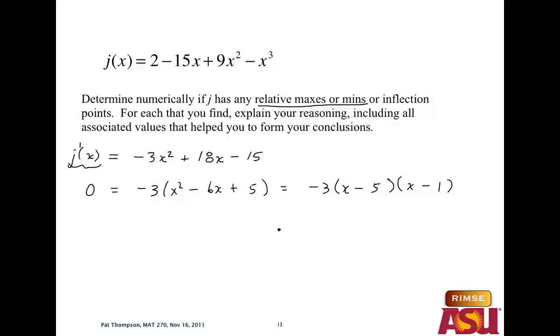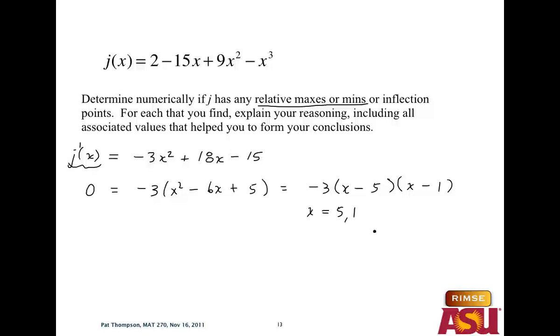Now it works. Sorry. Does it work? And so we have x values that do what? Those x values make the rate equal to 0, so we have places of a pause of the j function, of the accumulation, which are potentials for max or min. So one of them's a max and one of them's a min, and we just have to figure out which is which. Is that right?